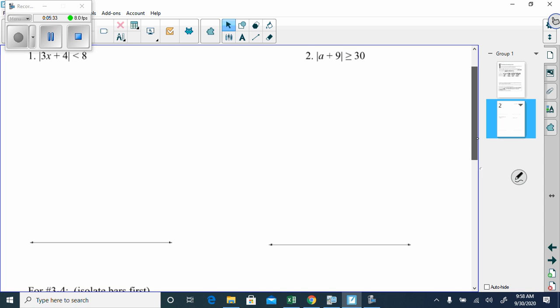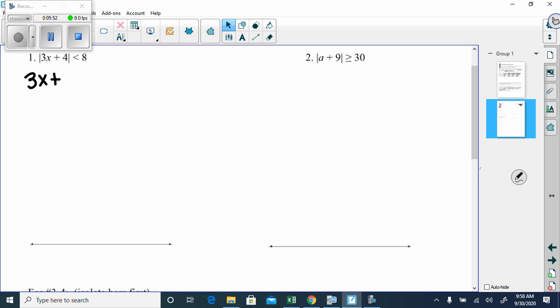Okay, it tells us to solve these. So, just like we've been doing, we know that we have no way of knowing if the variable that's in there was positive or negative because they both come out positive. So we still have to set up the two separate equations. So the first one, I'm going to leave it just as it is. 3x plus 4 is less than 8. Okay.